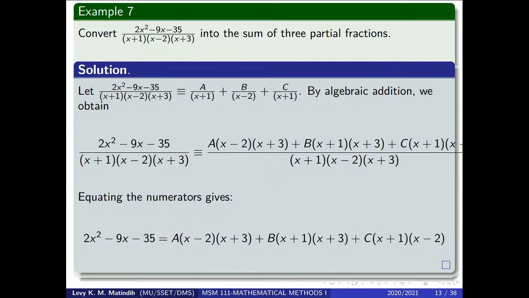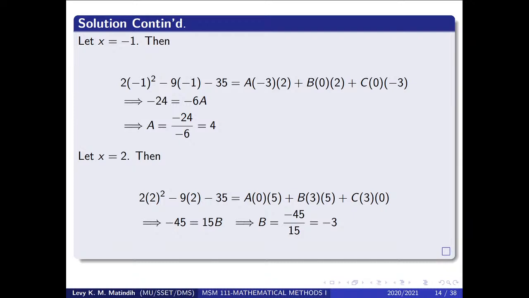When I substitute x equal to 2, A and C vanish. On the left hand side we are going to have 2 multiplied by the square of 2 minus 9 multiplied by 2 minus 35, which is equal to A times 0 times 5 plus B times 3 times 5, then plus C times 3 times 0.